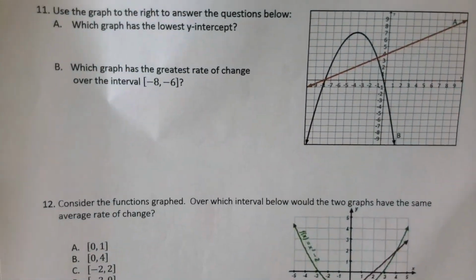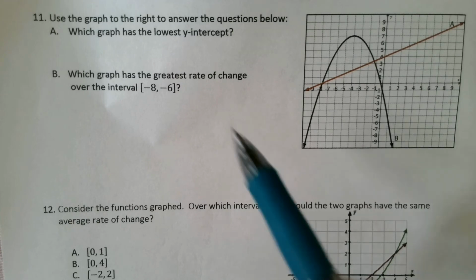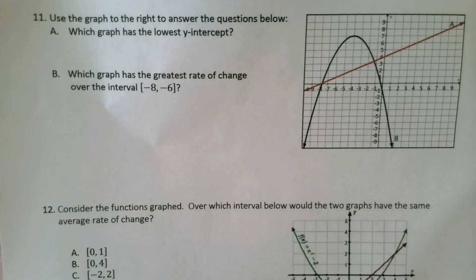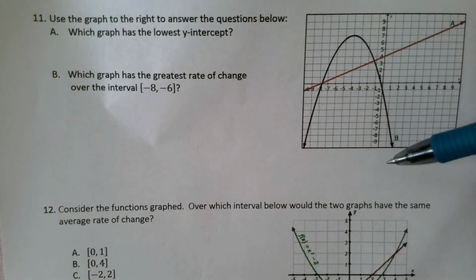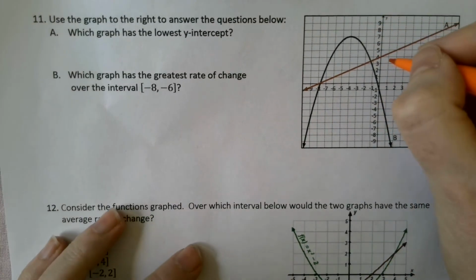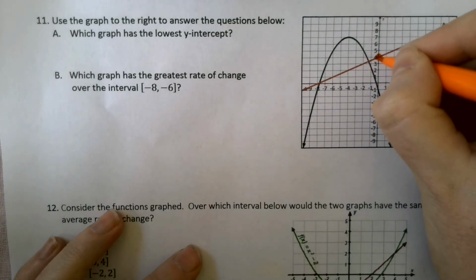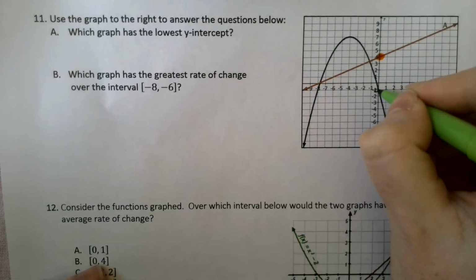Alrighty. So we are going to use the graph to the right to answer our questions below. Which graph has the lowest y-intercept? So remember, our y-intercept is where it crosses the y-axis. So for our line, for A, crosses at 4, and then for B, it crosses at -1.